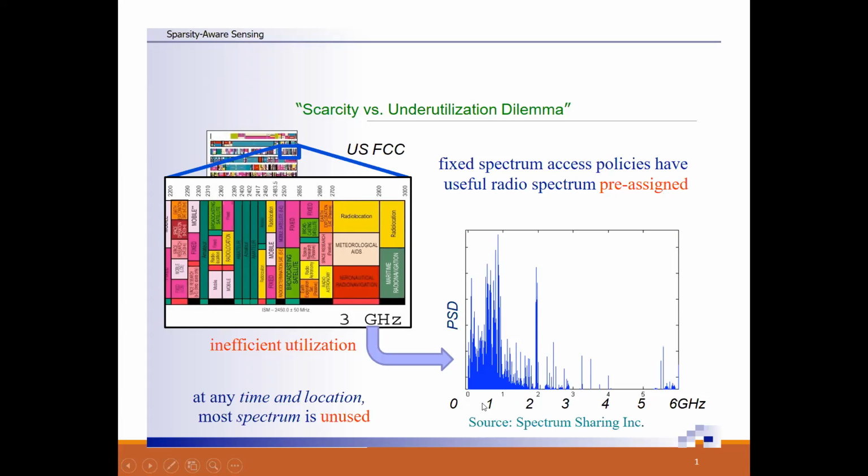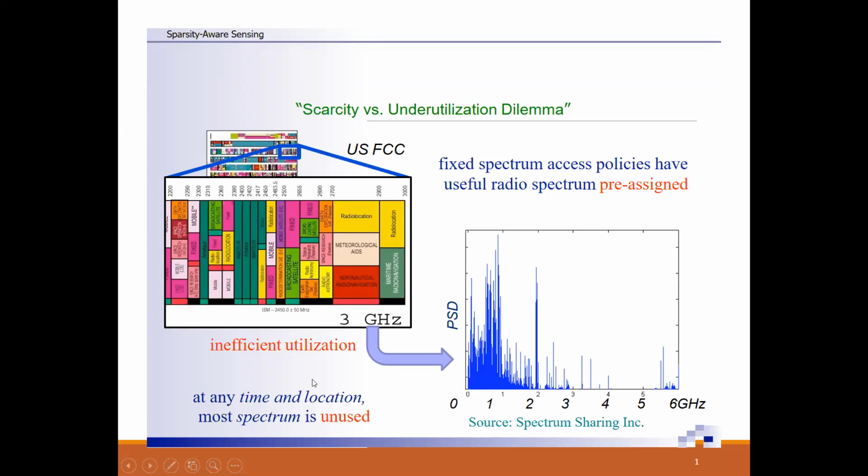From the spectrum sharing occupancy information, you can see most of the spectrum is occupied only at the lower level. Even below 6 gigahertz, referred to as sub 6 gigahertz, many of the spectrum is not properly utilized. There is a vast underutilization area in this spectrum.